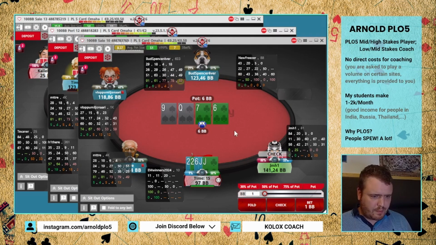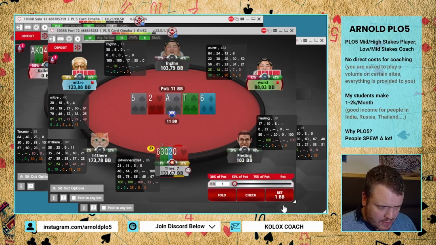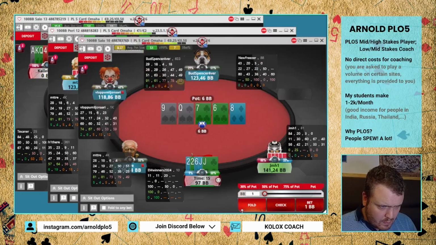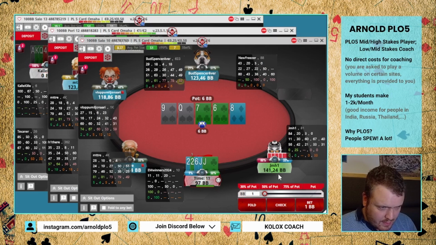Now I have 2 pair, which could be good. I do not have the right blockers. Pairs, nice. 6, 7, 8, 9.